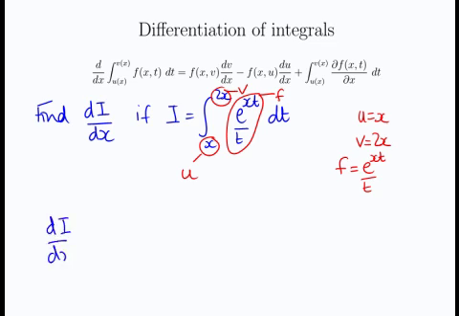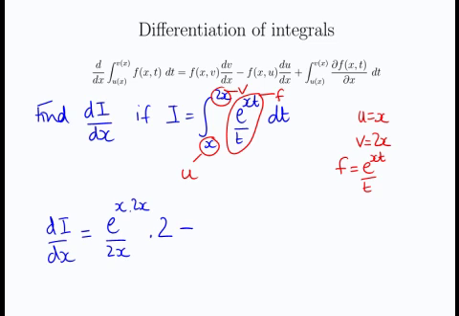dI by dx is given by, and the first term in the formula is f evaluated at x, v. So that means f with t equaling v, which in this case is 2x. So I have e to the x times 2x all over 2x, multiplied by dv by dx, which is just 2.